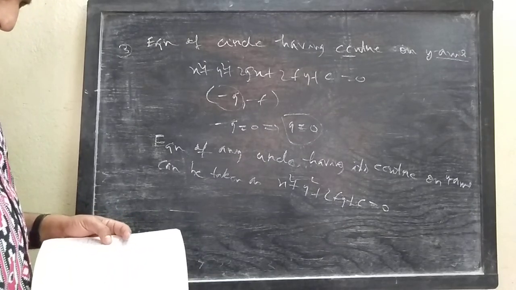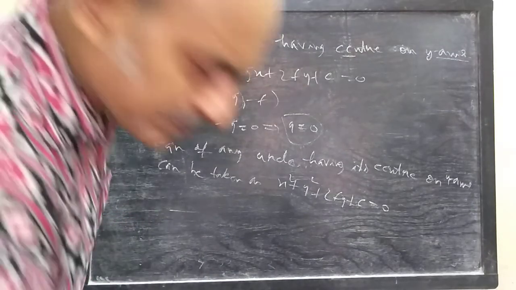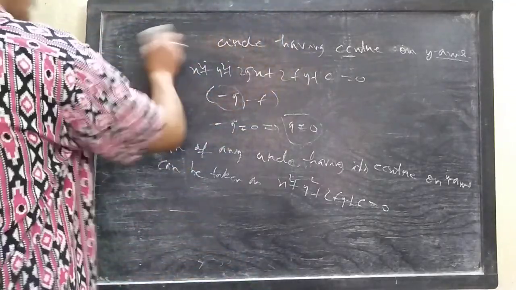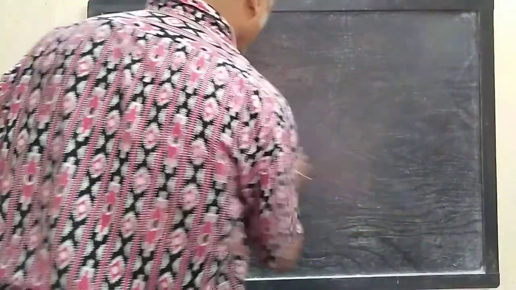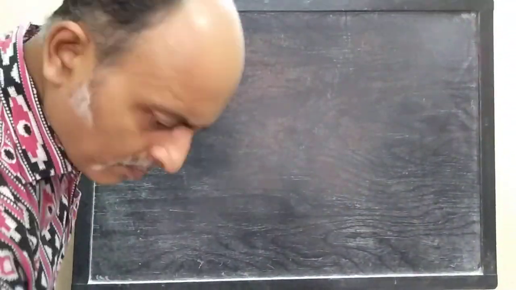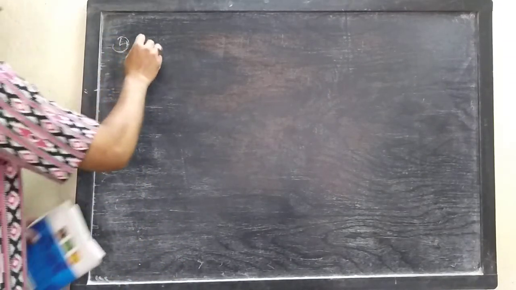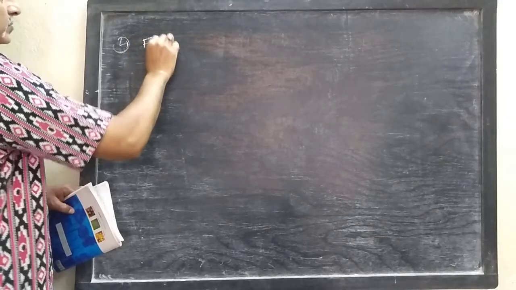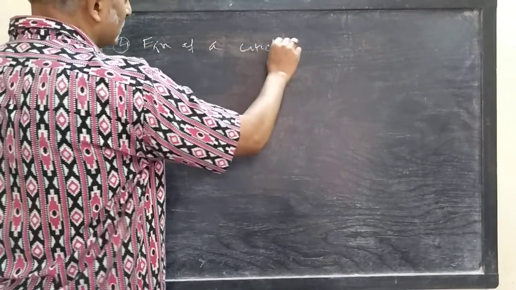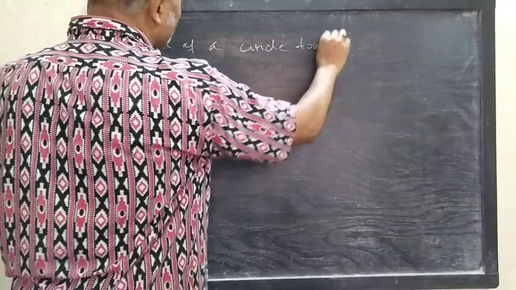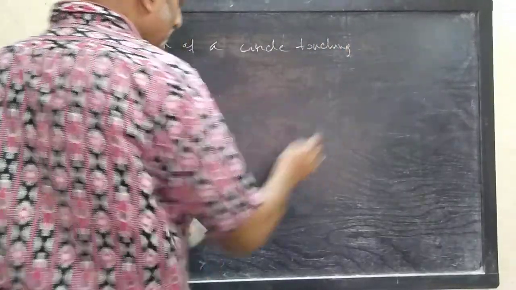Next, equation of circle touching x-axis. This will be category 4. Equation of a circle touching x-axis.